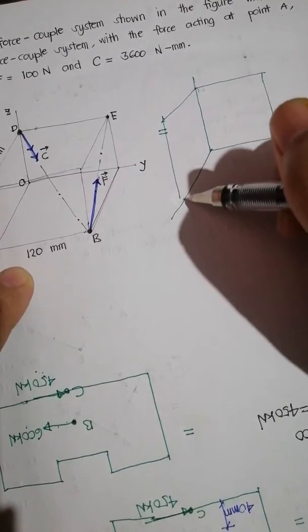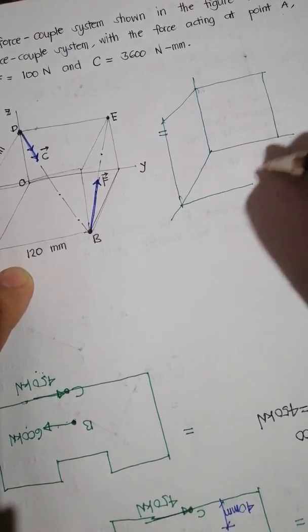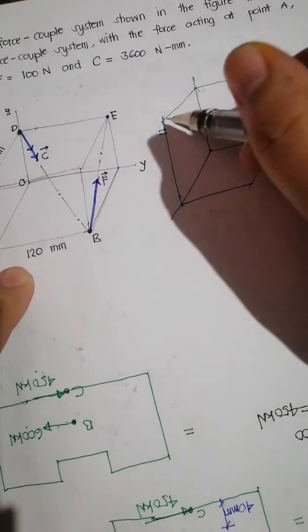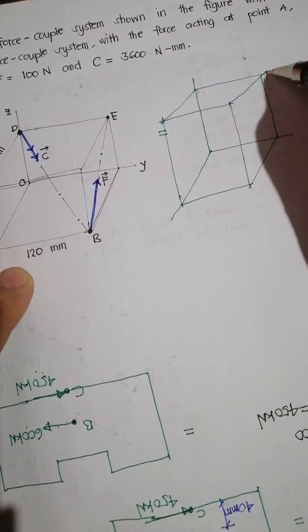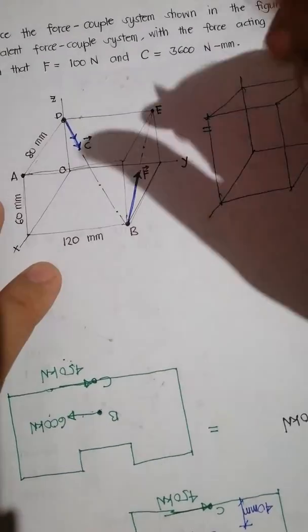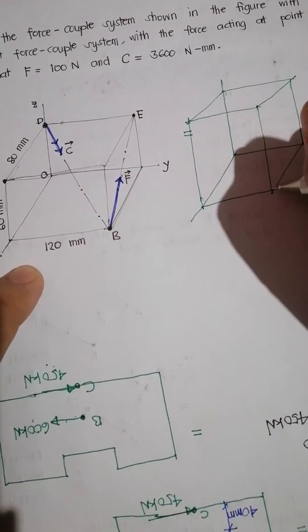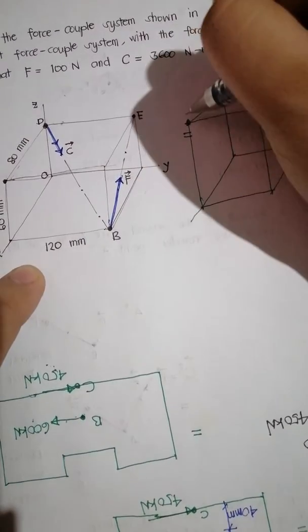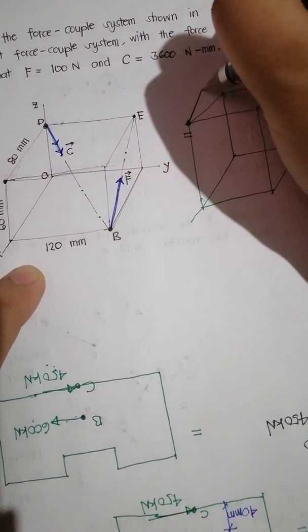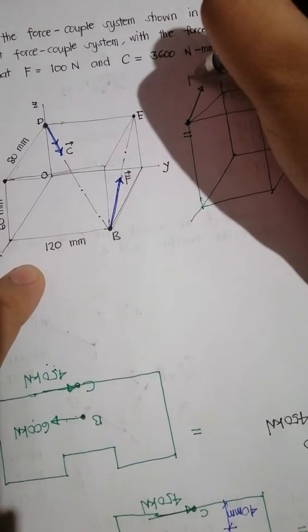Sorry if the lines are not that straight, but at least we could demonstrate what happens. The original force is here. Now if we transfer it here to point A, this is the new location.